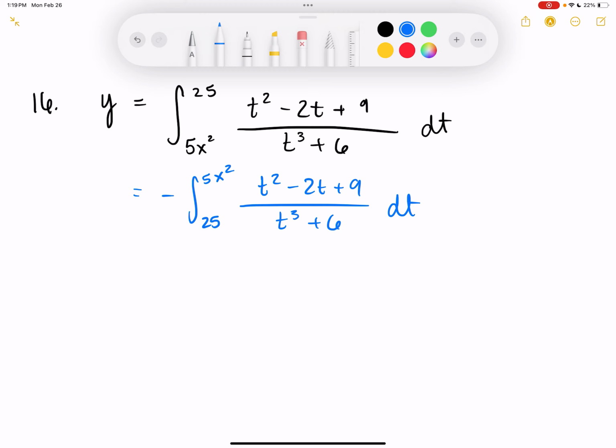All right. Ideas? What do we notice this is gonna be? Let u be 5x squared. Look at you. So u is 5x squared.